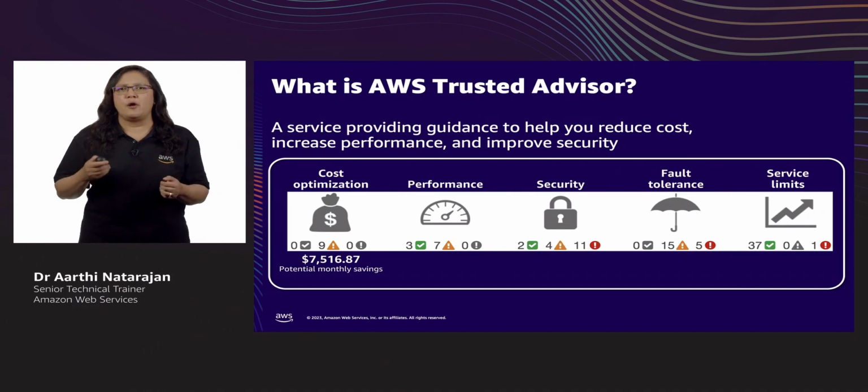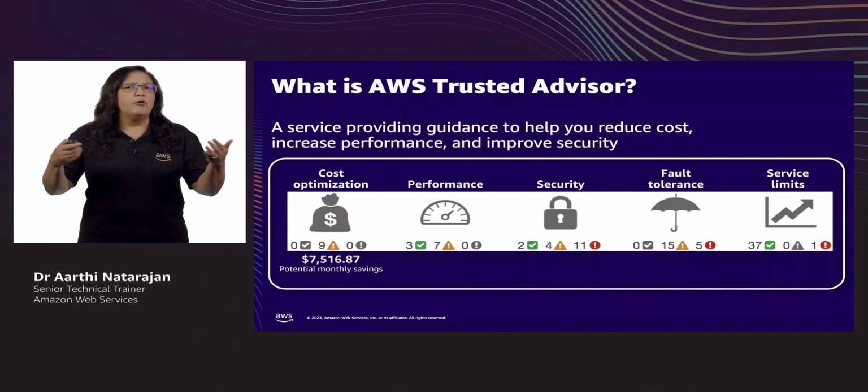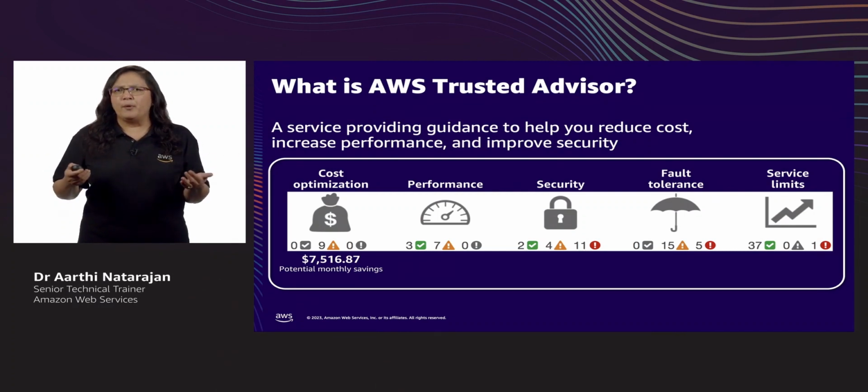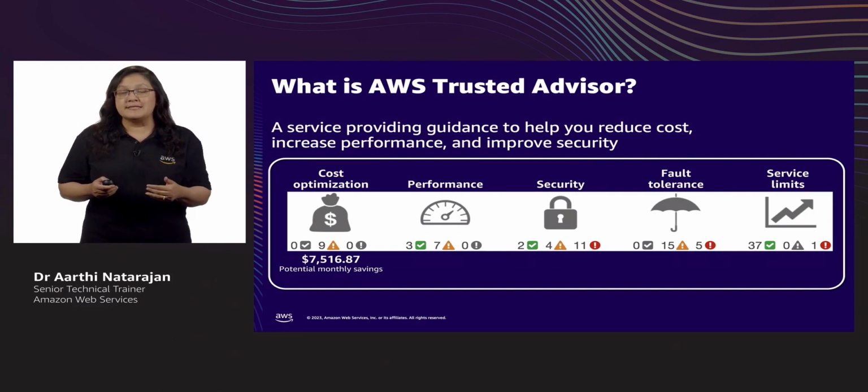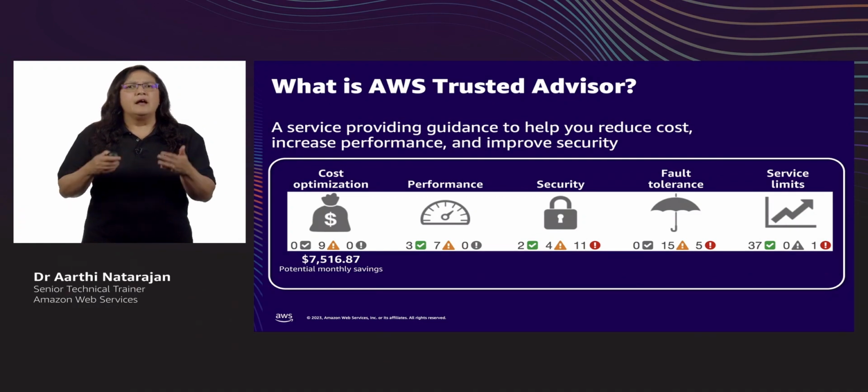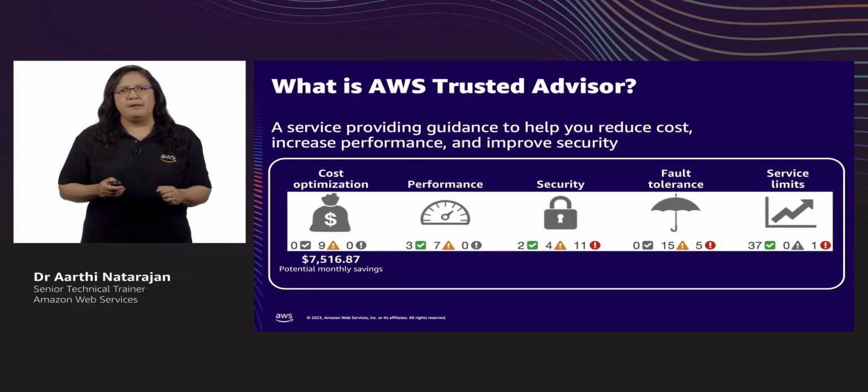Let's take an example of cost optimization. Imagine you have a large EC2 instance, an M5 4 extra large, and that has been operating at 10% utilization over the last month. Trusted Advisor may look at this and say, well, you can reduce the size of this instance and still meet your performance objectives, and it will cost you less so you can achieve some savings. On a separate note, maybe you have all of your EC2 instances in a single availability zone.